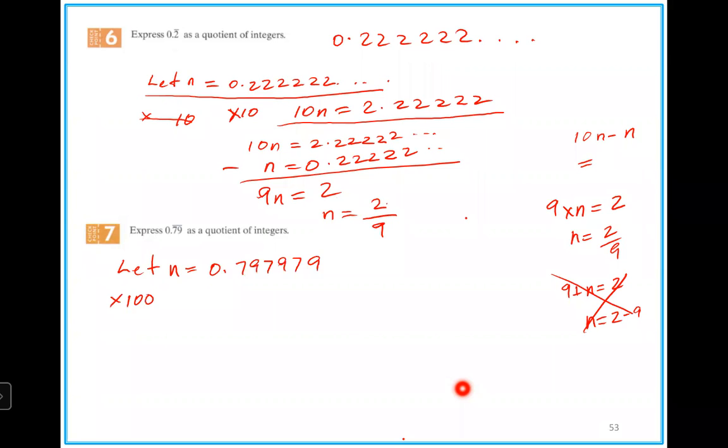So you're going to say 100 times n gives you 100n. And then 100 times 0.797979 gives you 79.7979. Okay, what's the next step?